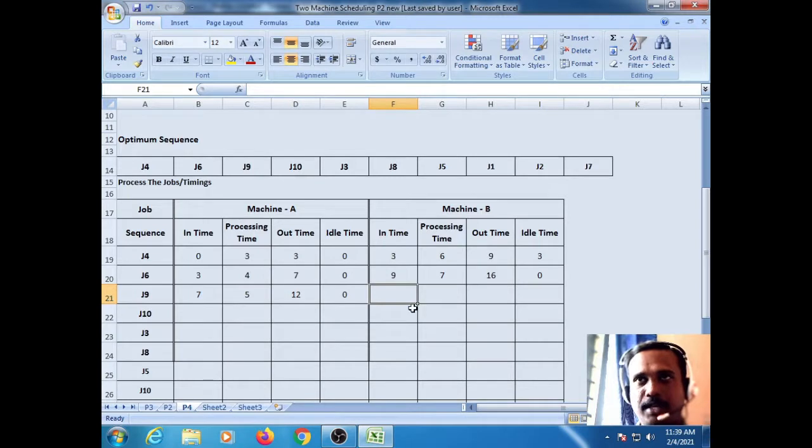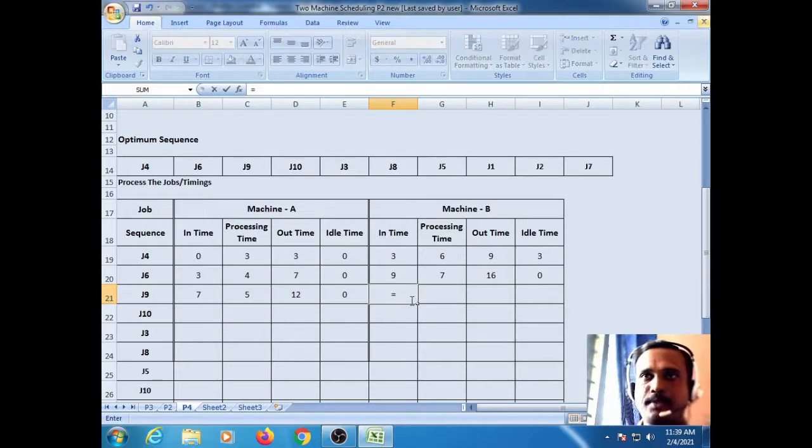Then for the next in time, we have to compare this 12 and this 16. At 12th hour the job is ready, but at 12th hour machine B is busy, it is performing the previous job. So here we have to compare these two and simply take 16. Which is max, 12 or 16? That 16 we have to take here.